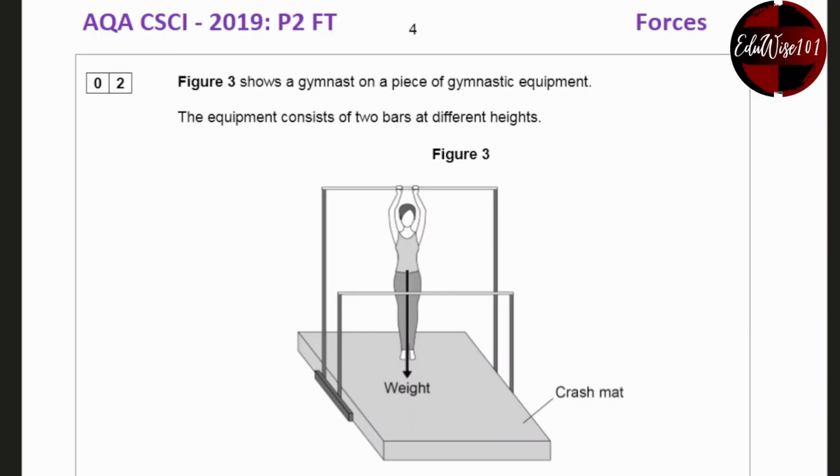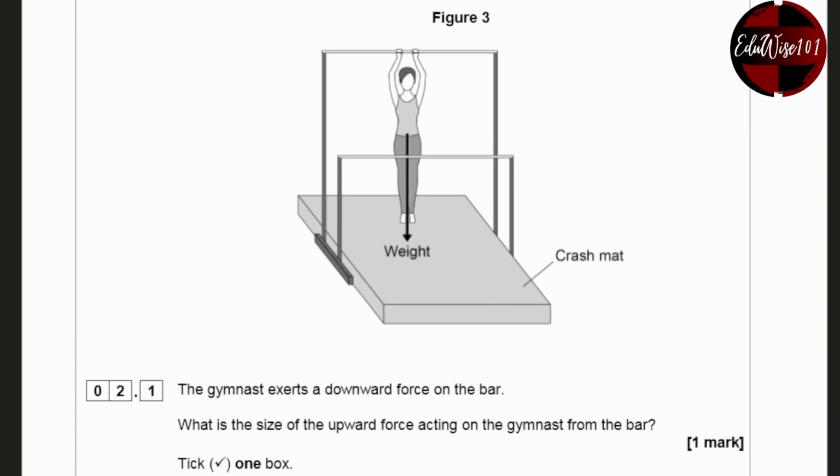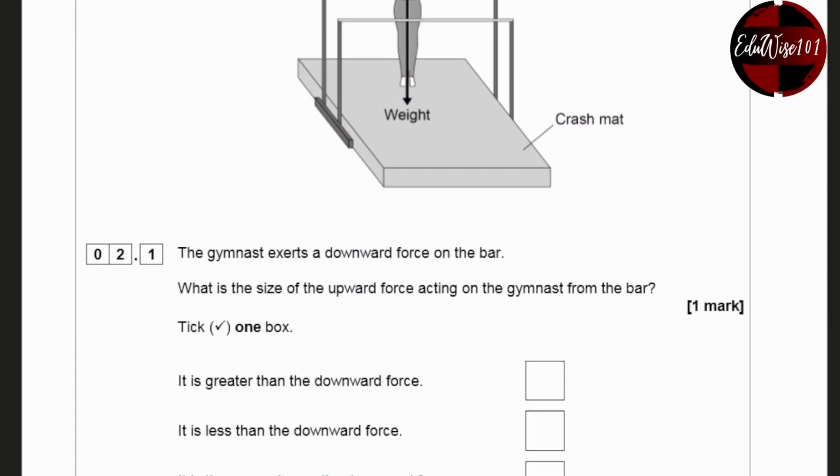Question number 2 is on the topic of forces. Figure 3 shows a gymnast on a piece of gymnastic equipment. The equipment consists of two bars at different heights. The gymnast exerts a downward force on the bar. What is the size of the upward force acting on the gymnast from the bar?